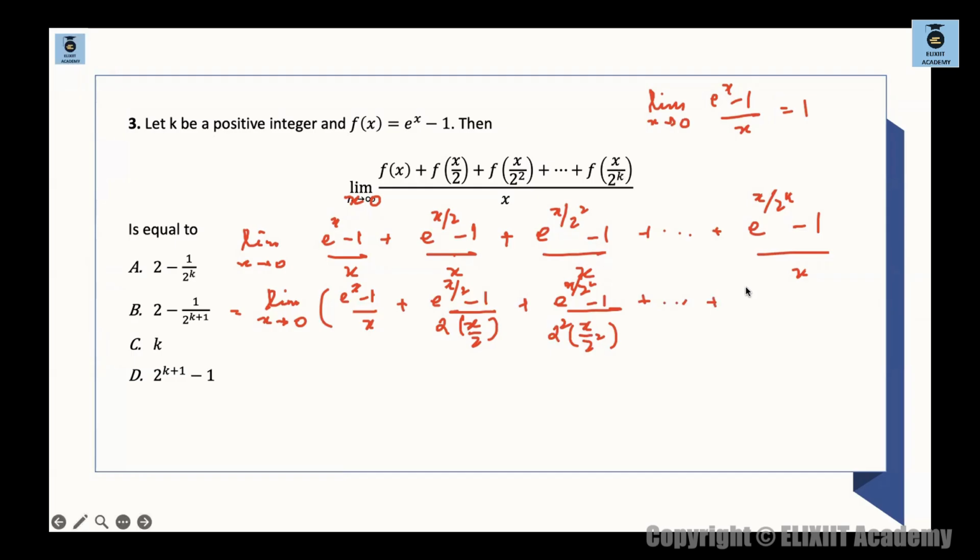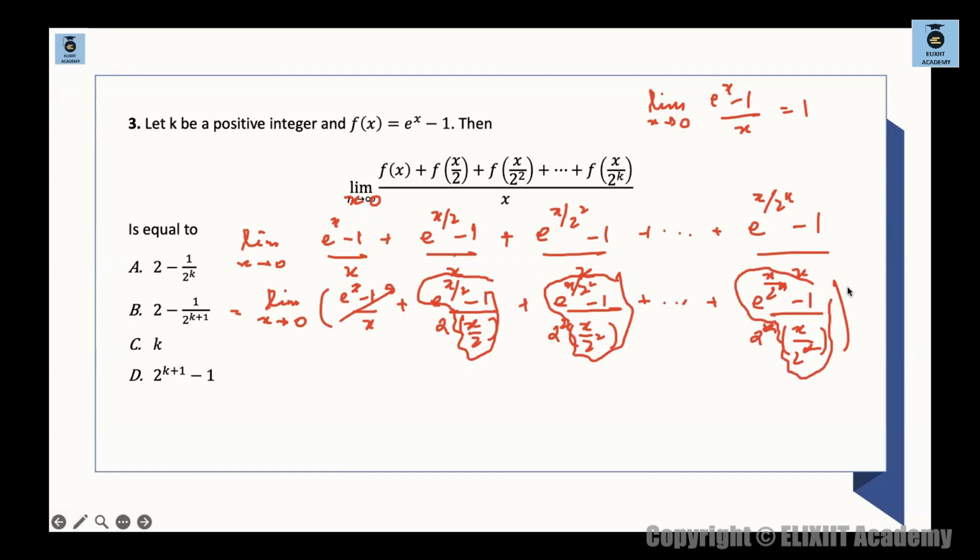This continues till e raised to the power of x by 2 to the power of k minus 1 divided by x upon 2 to the power of k. How much are you taking extra? 2 to the power of k. Now once you distribute the limits over here, each of these portions will tend to 1.